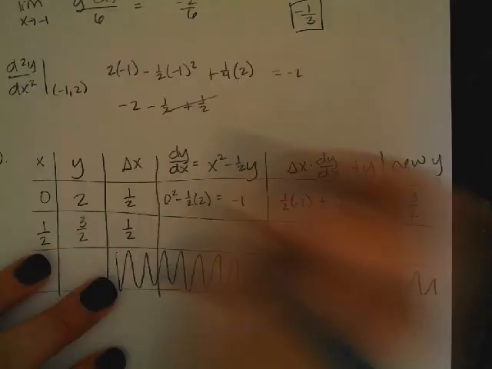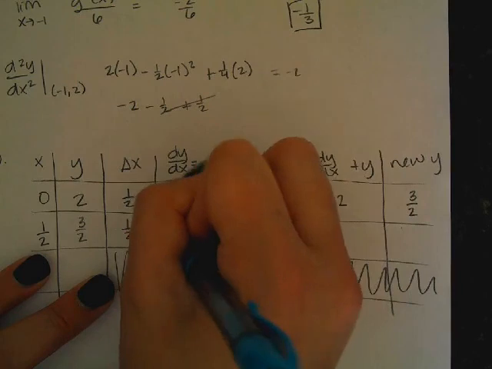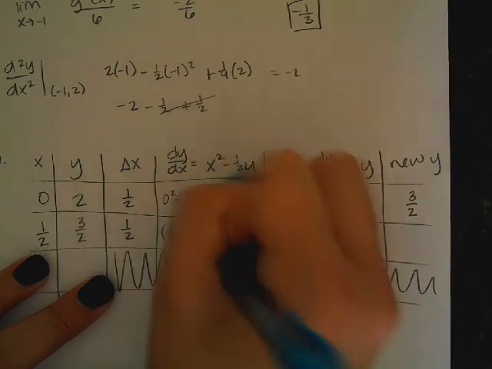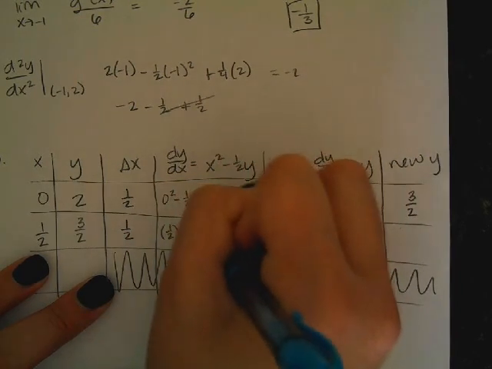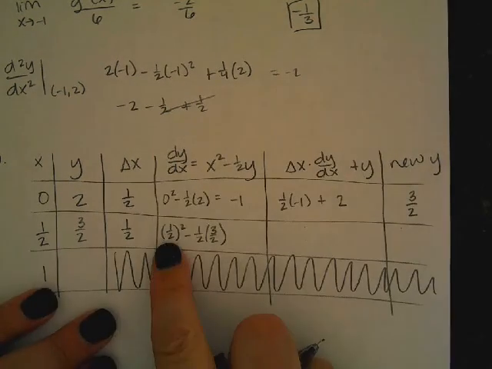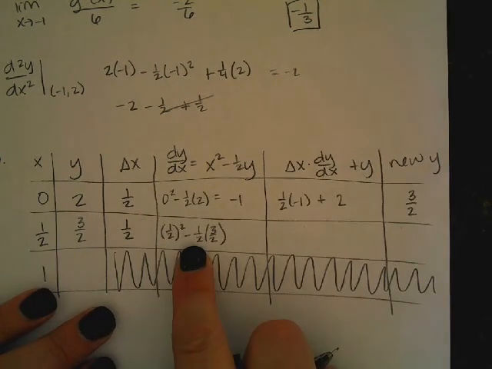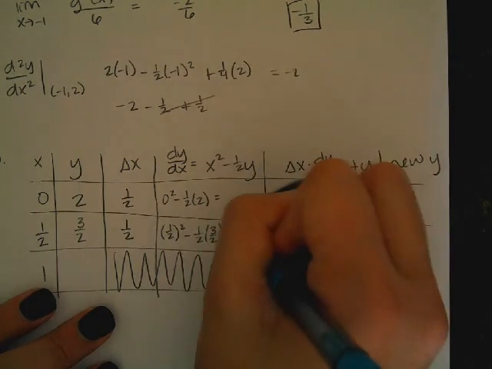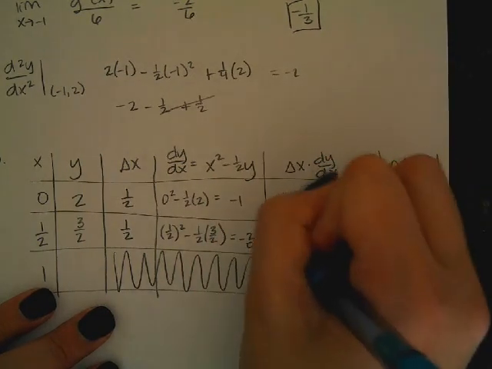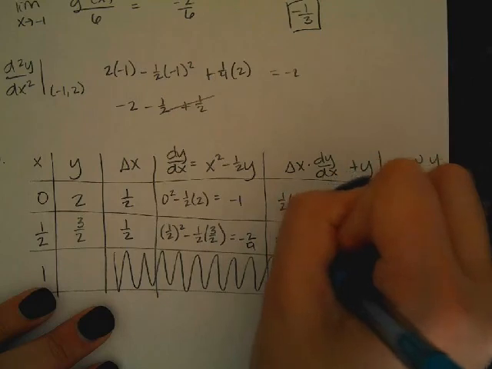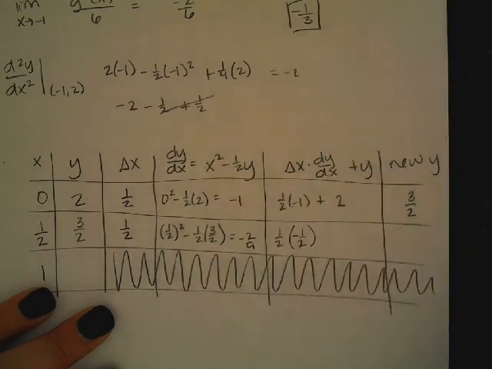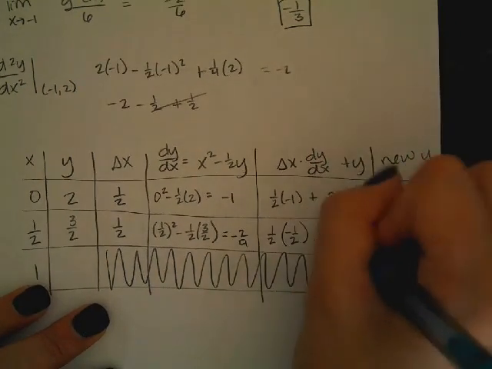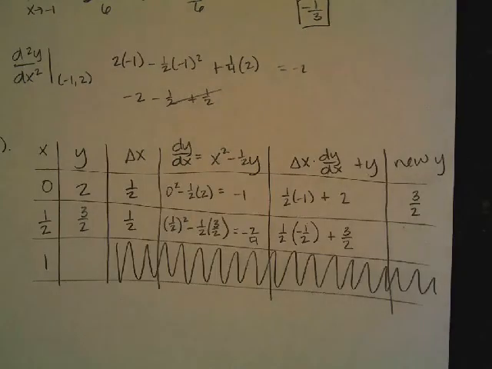Okay, so I've got x squared minus 1/2 of y. So that's 1/4 minus 3/4, which is -2/4. Okay, so I have the change in x times the slope. So -2/4 times 1/2 is -1/4, plus the old y value.